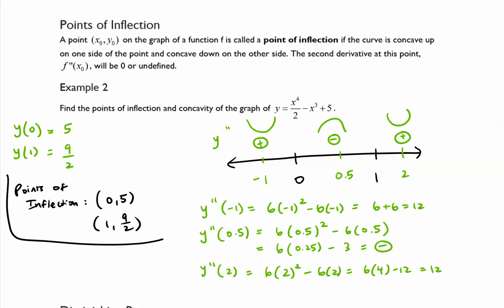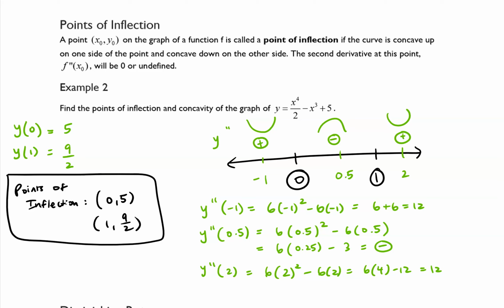And again, that is because at this x value and this x value, it's changing from concave up to concave down. And then from here, it's changing from concave down to concave up. So that's why we have points of inflection there, or inflection points. And then we want the concavity.